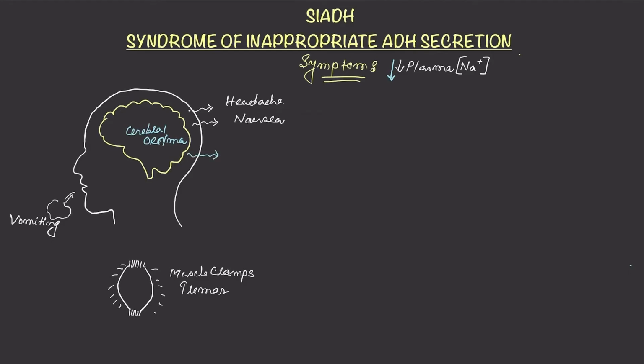Cerebral edema will be manifested as confusion, mood swing, or hallucination. In severe decrease in sodium ion concentration, it may ultimately cause seizure, coma, or even death of the patient.